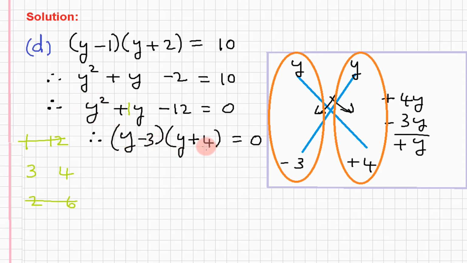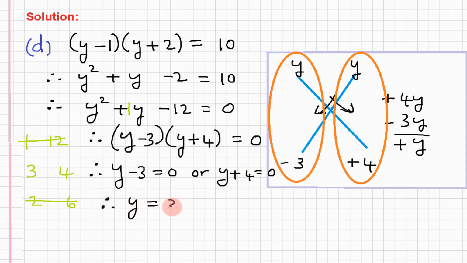Negative 3 times positive 4 is negative 12. Then we have negative 3y plus 4y is positive 1y. Then using the zero product rule, and solving for y, y is 3 or y is negative 4.